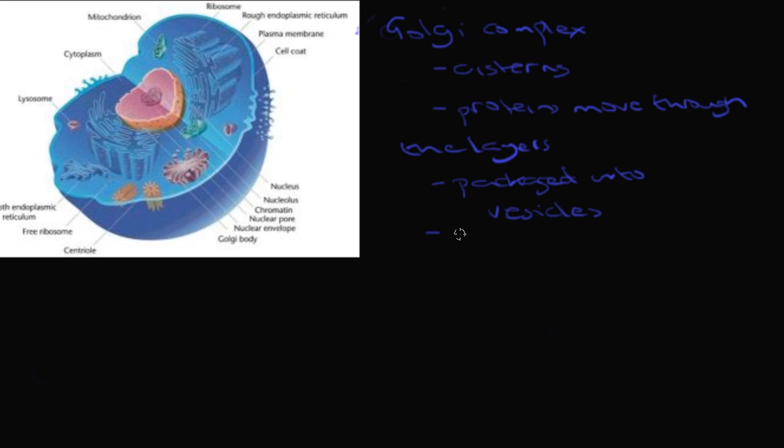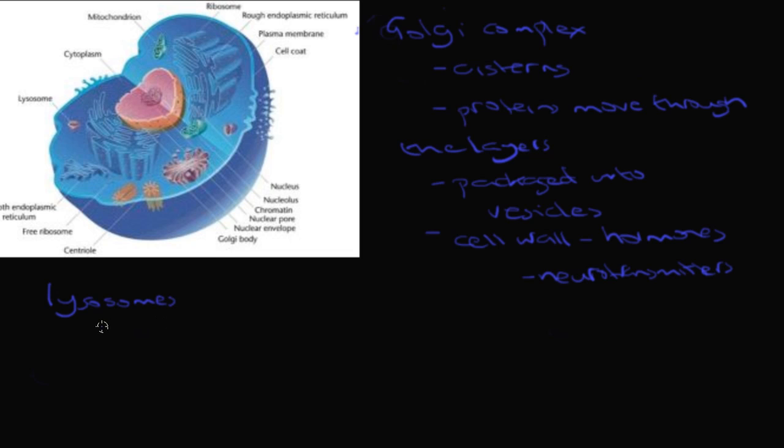And those vesicles can either transport to the cell wall and be excreted. Examples of some of the proteins where this might occur are things like hormones and neurotransmitters. So they're transported to the cell wall, the vesicle bursts, if you like, and the proteins are released into whatever is outside the cell. Or they may stay within the cell, and an example of protein that stays within the cell is the lysosomes.